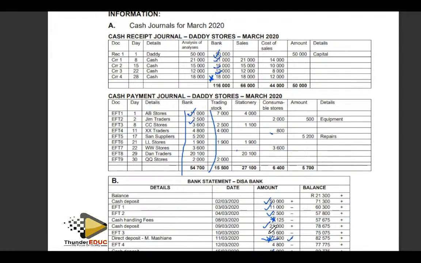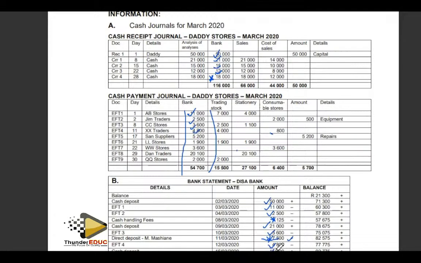Then there is 3,600. Do we have it here in our cash payments journal? Yes, you agree with me, we do have it. Then there is 4,800 on the statement. Remember, I check the statement first, then I go here. Yes, it is here.